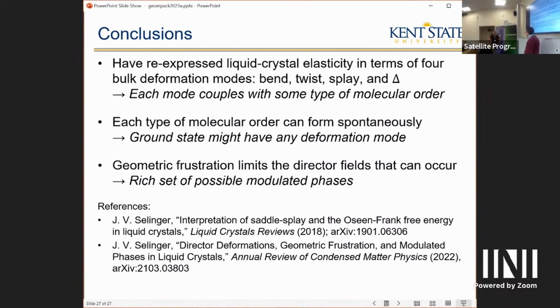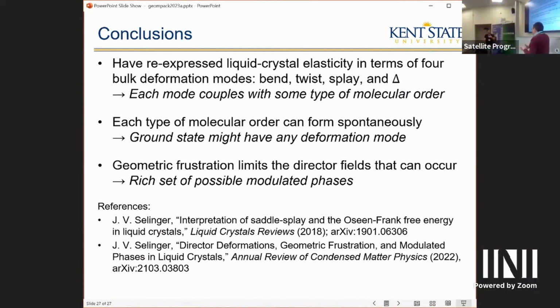I'm thinking about 2 deformation modes, one times the other, for example. No, well, that would be forbidden by symmetry, right? You can't have 2 different things with different symmetries and multiply them and get out a scalar.